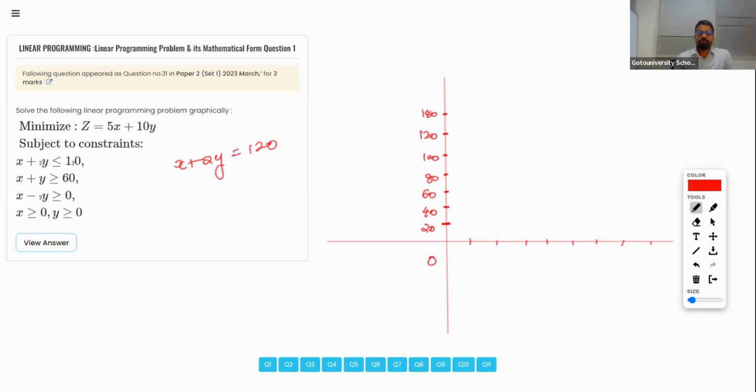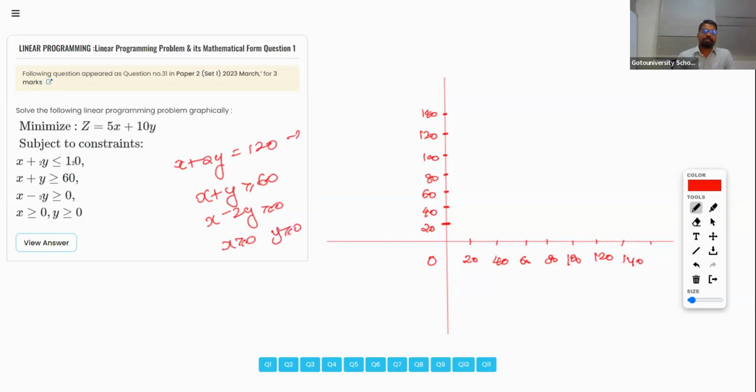That's a unit of 20, and so on. So the second equation we have is x plus y is greater than or equal to 60. Then x minus 2y is greater than or equal to 0. And x is greater than or equal to 0 and y is greater than or equal to 0. These are the constraints we have, right?